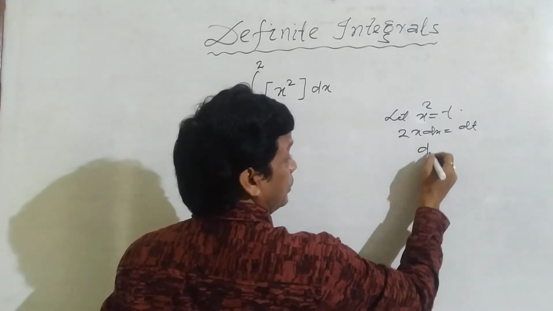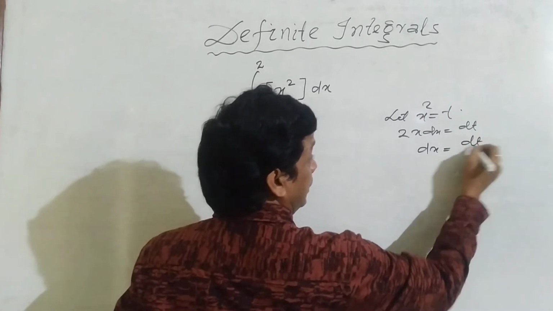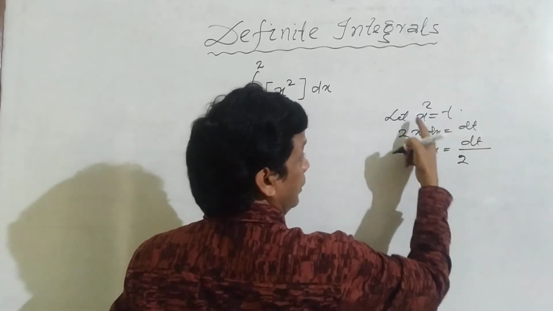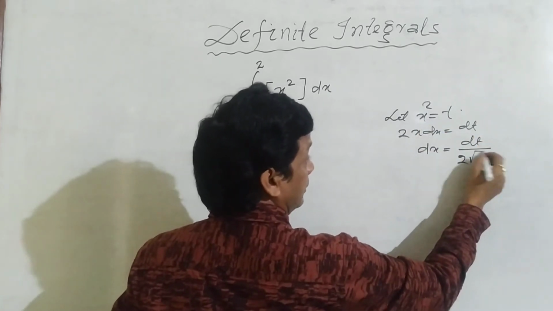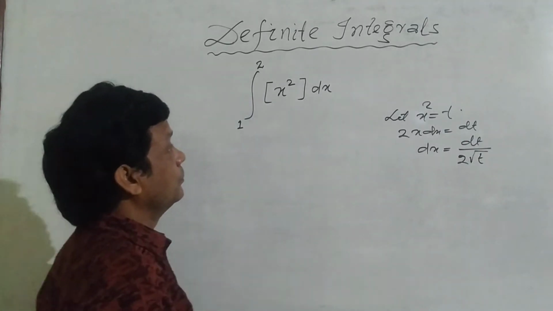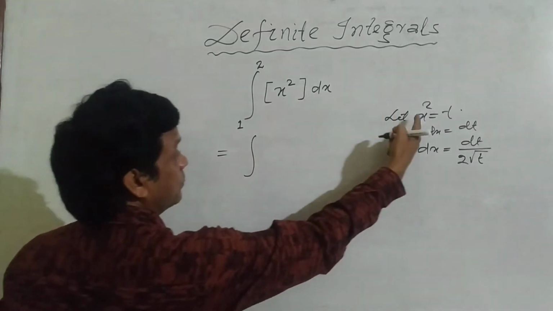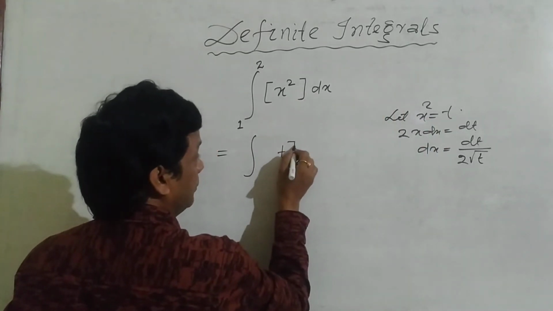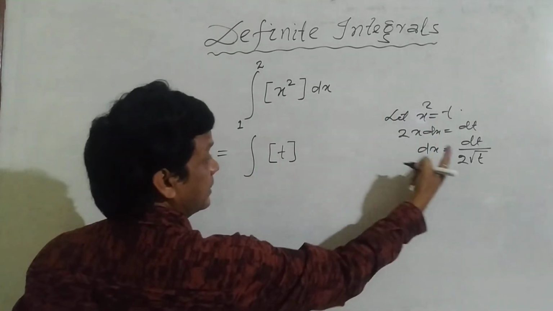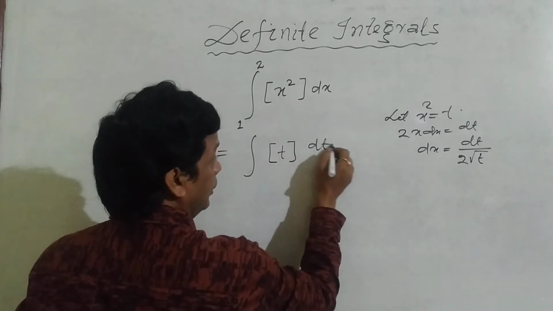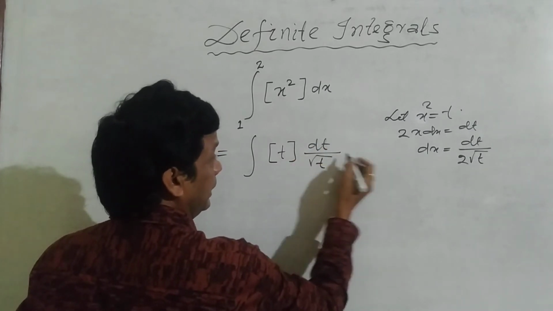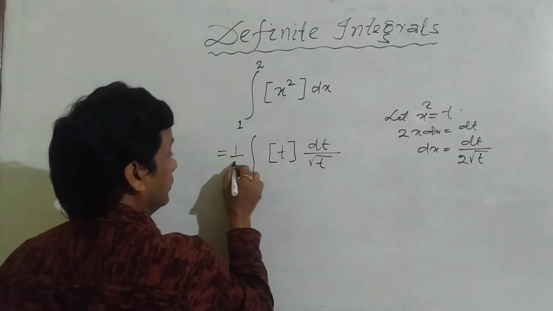So dx is equal to dt by 2x. And what is x? Root over of t. The value of x square is t. So [t] dx: in place of dx I am writing dt by root over of t, and 2 I am taking outside.